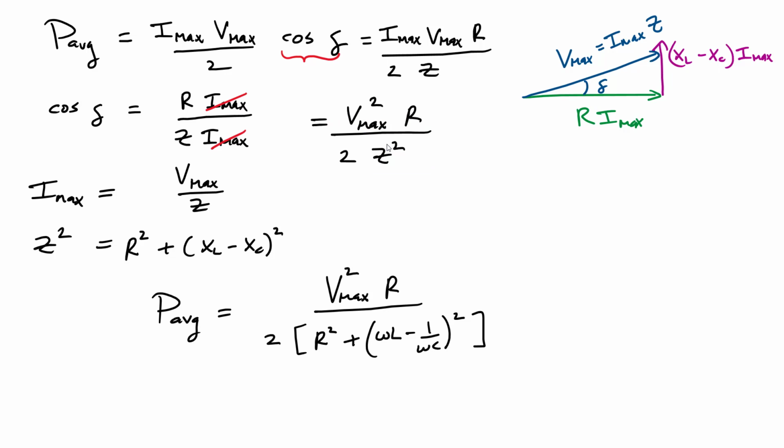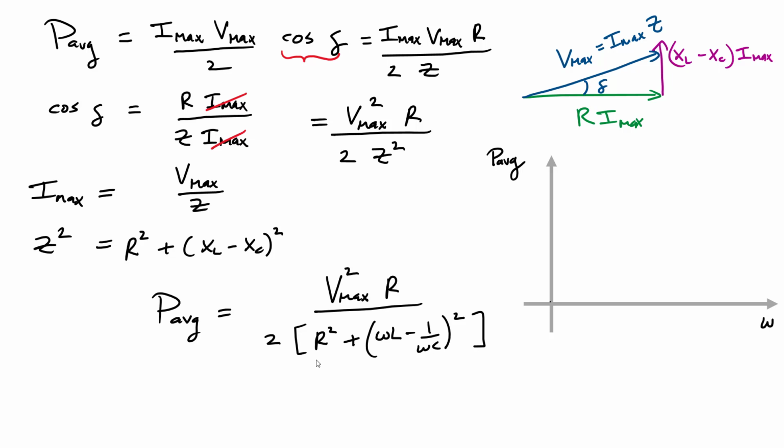Now this is all written in terms of the parameters of the circuit. R is the resistance, L is the inductance, C is the capacitance, and this is the equation we really want to look at. So if you made a sketch of this curve right here, I'd be plotting the average power versus any value of omega that you substitute inside this expression over here.